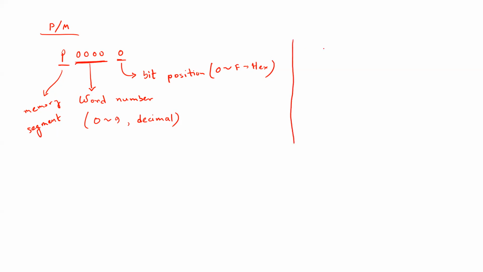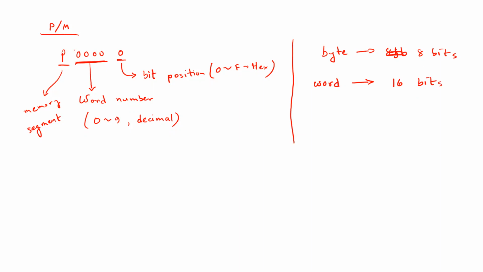Let's say you know how many bits are there in a byte, right? There are 8 bits. Now, I think you are familiar with the representation in terms of word, right? So how many bits are in a single word? 16 bit. 16 bit.